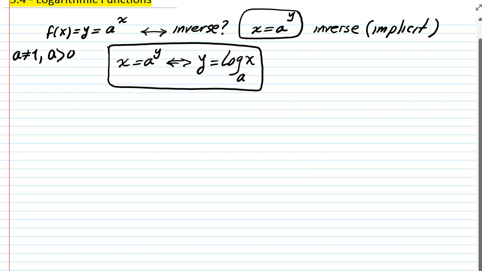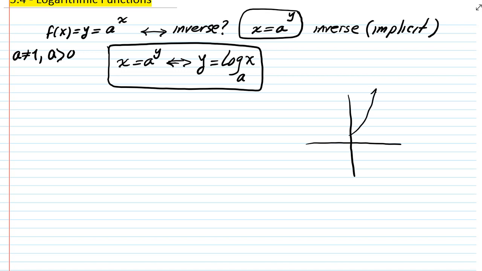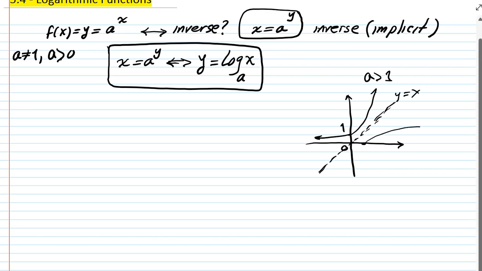It's just a rewrite of exponential functions. Now, in terms of the graph of the logarithm, let's say I'm looking at the general graph of exponential functions whose base is larger than 1. Again, we looked at these before. The basic exponential function goes through point (0, 1). Because of the symmetry with respect to the line y equals x, we can graph the inverse function. So point (0, 1) is going to become (1, 0). This is how the graph of the inverse is going to look.